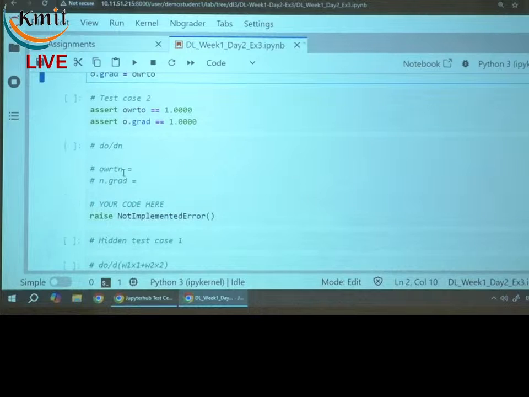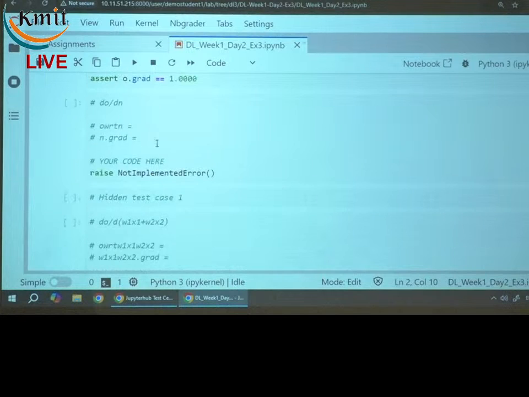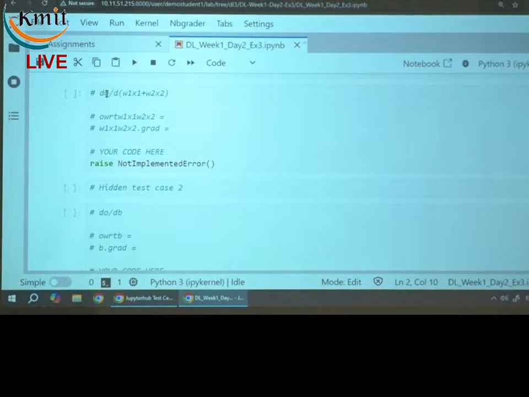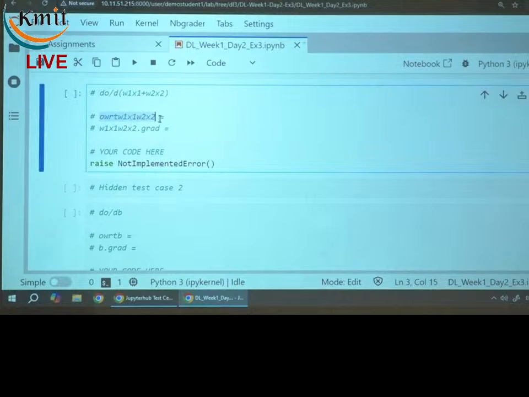And how should you set this value? You know what the derivative of the activation function is. We spent a lot of time on that. So use that formula and then set the values. And similarly for the next cells also. So this was with respect to n. Now derivative of output with respect to this intermediate variable. So this is the value you have to set, and this is the gradient that you have to set.